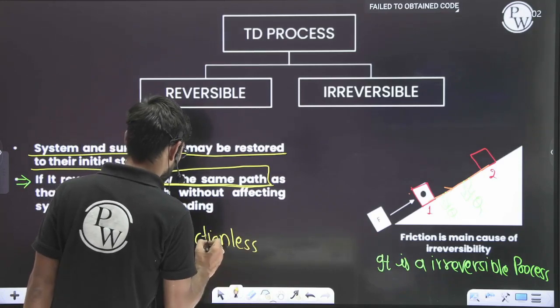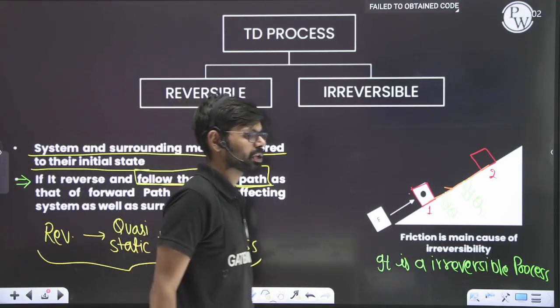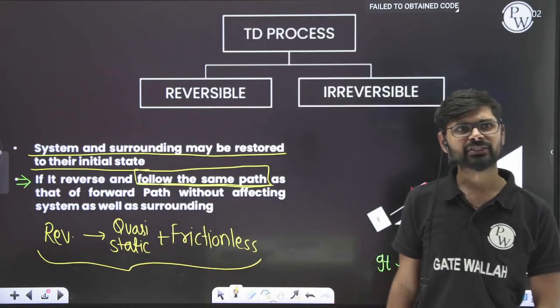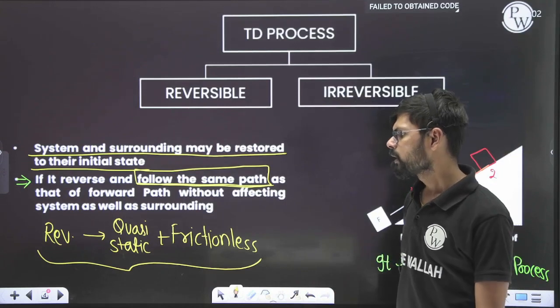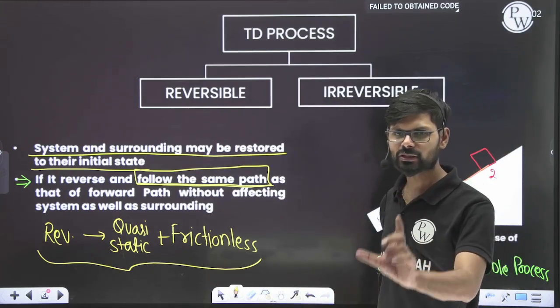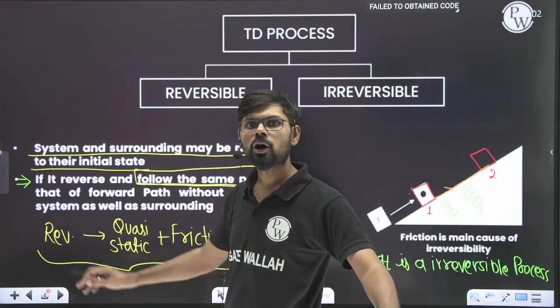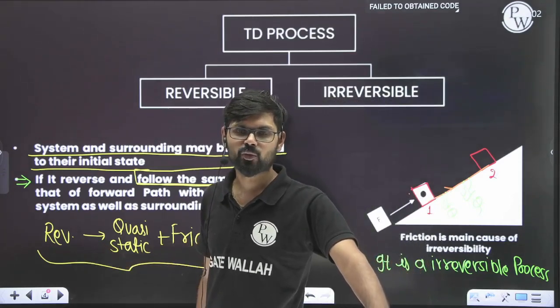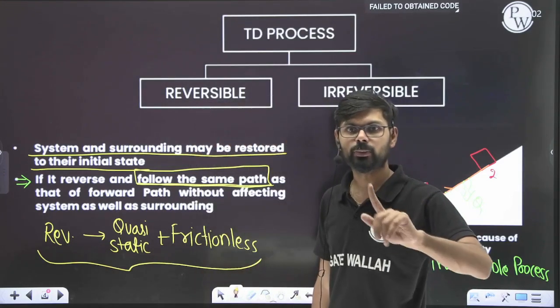Right? Now one assertion-reason question was asked in IES. I'm going to share it with you. What was the assertion? That all reversible processes are quasi-static, but all quasi-static processes need not be reversible.